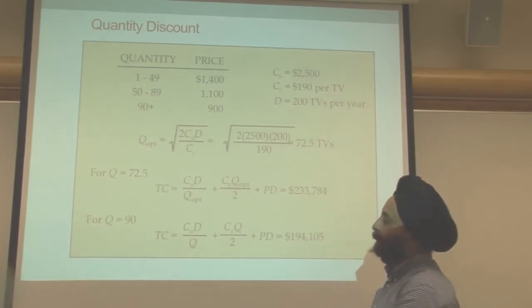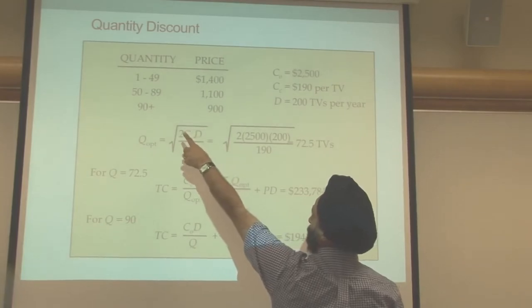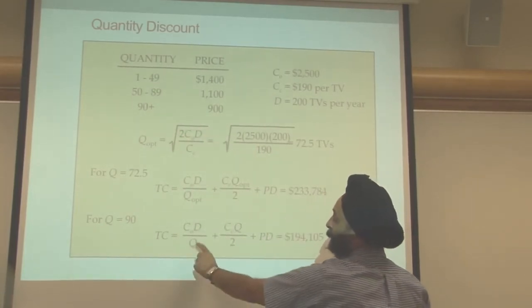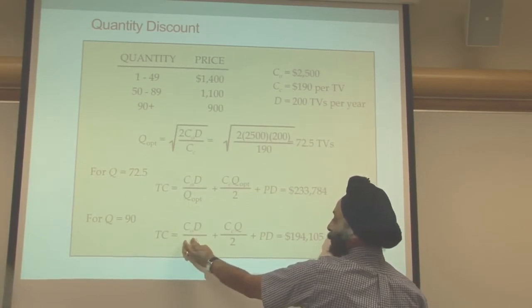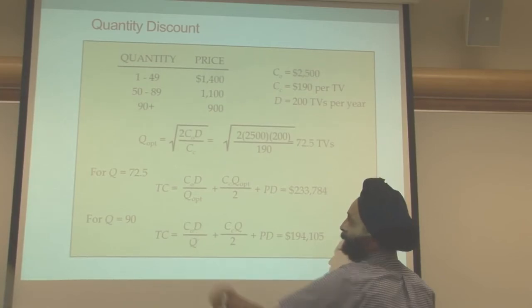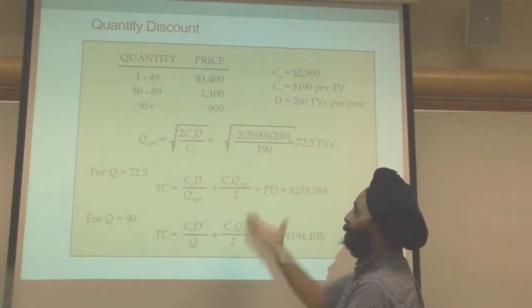$233,784. Compare that to a Q of 90. That's the bare minimum you need to qualify for the next break in price. So plug that in. Your ordering cost in this case will go down, but the carrying cost will go up because now you're ordering more.